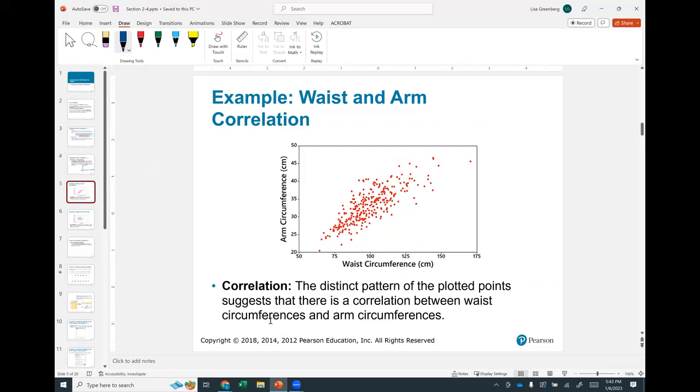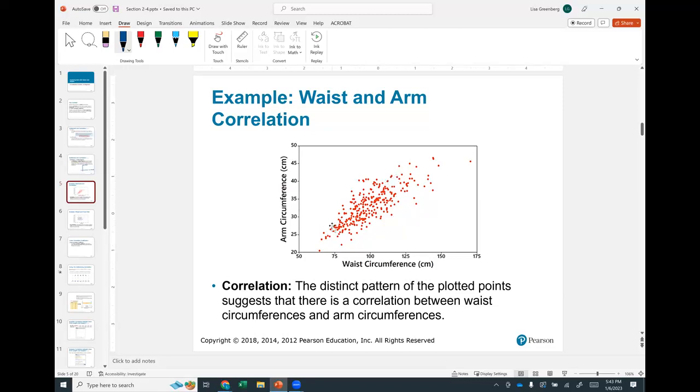So for example, if we had a bunch of values, and I'm going to do this for you, don't worry. If we had a bunch of values and we plotted each one, notice we're not connecting them, we're just plotting dots from where these points are. So we can kind of see that in general, as the waist circumference increases, so does the arm circumference.